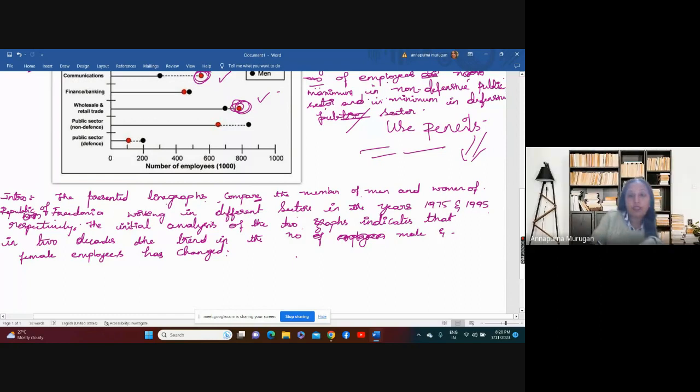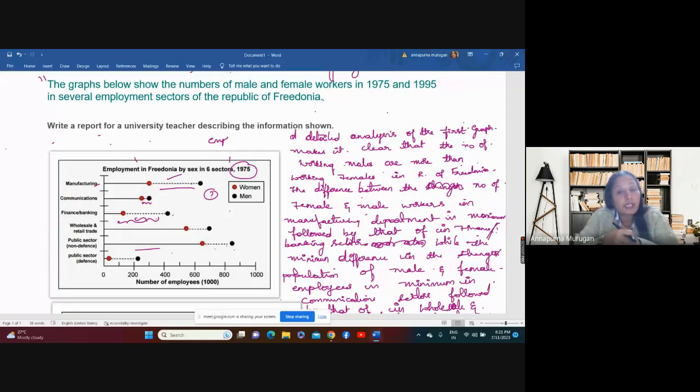Now the first body paragraph. A detailed analysis of the first graph makes it clear that the number of working males is more than working females in Republic of Fredonia. The difference between the number of female and male workers in manufacturing department is maximum, followed by that of in finance and banking sector.